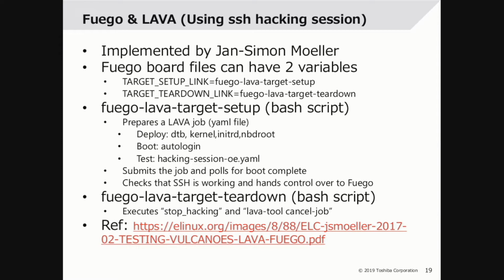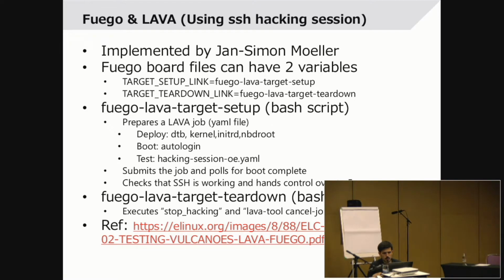It turns on the board, it prepares the file system and the kernel, and it creates an SSH connection. And once you have an SSH connection, then you can go and start Fuego and run the tests on the board. So to do that, you have two variables, setup link and teardown link, where you have assigned two scripts.